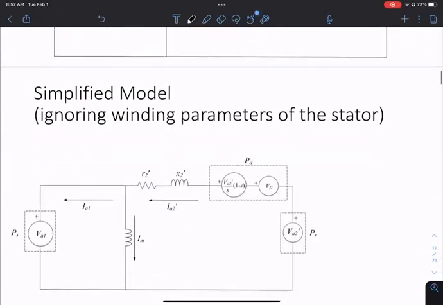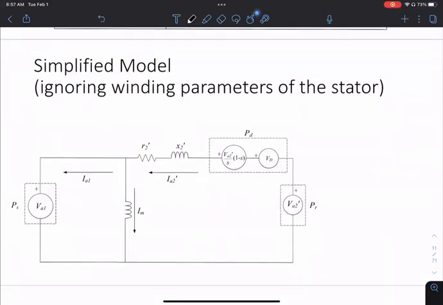Just as before, often we'll take a simplified model. We'll ignore the stator part and just look at the rest of the power. Especially for DFIG, a lot of times the equations can get fairly complicated. So we'll just ignore the stator side and then look at the rotor side equations.